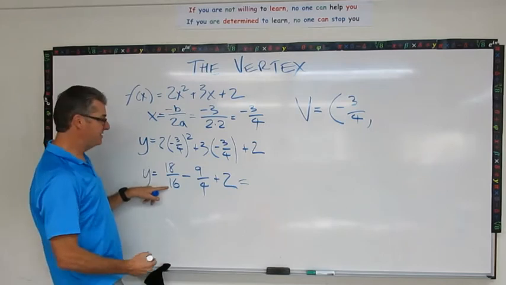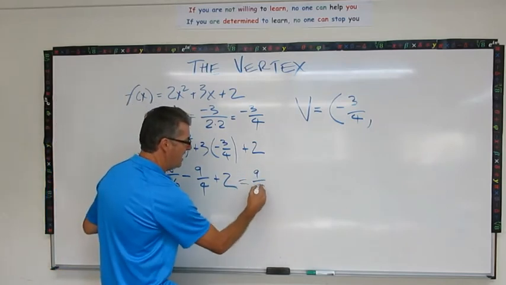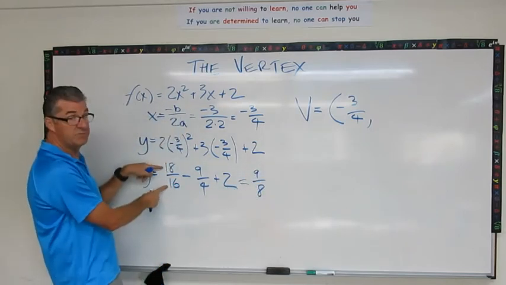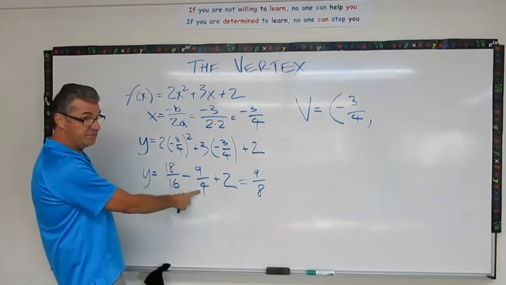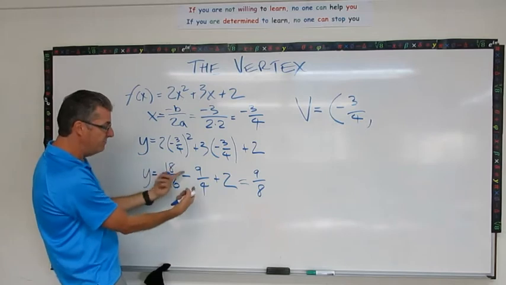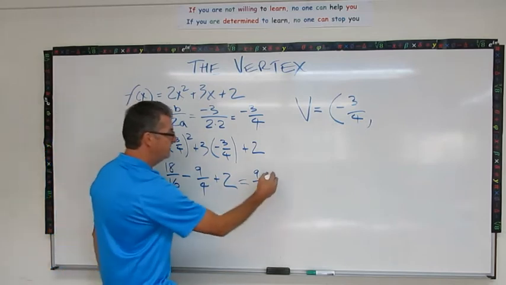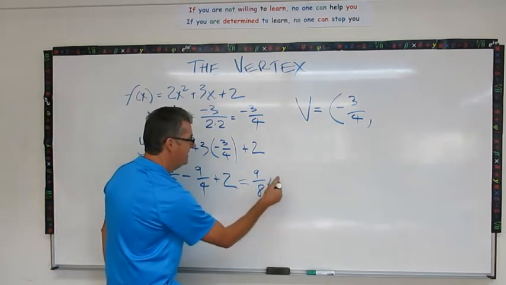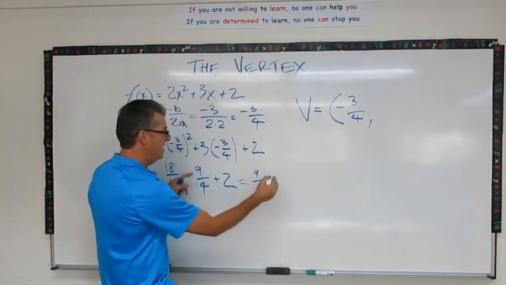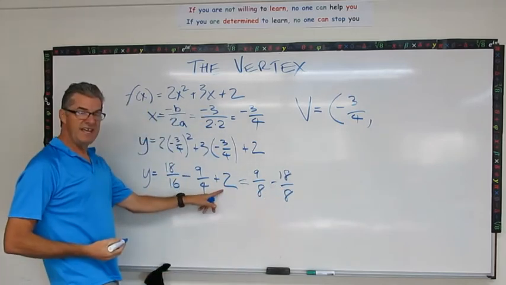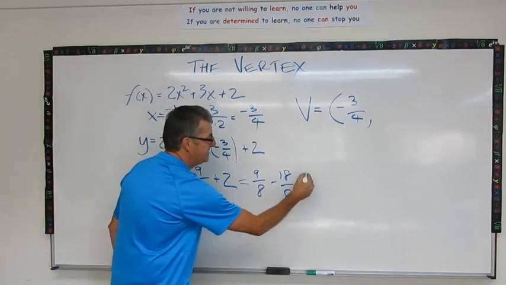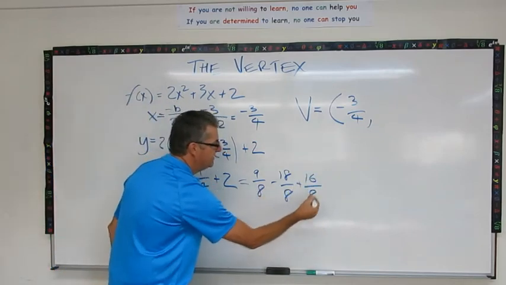18/16 in eighths is just 9/8. I just divided both of those by 2. Now to put 9/4 in eighths, I need to multiply both sides by 2. So this is going to become minus 18/8. And then 2 as eighths is 16/8.